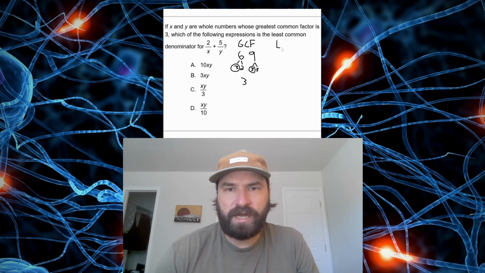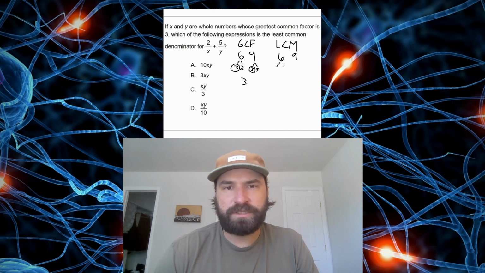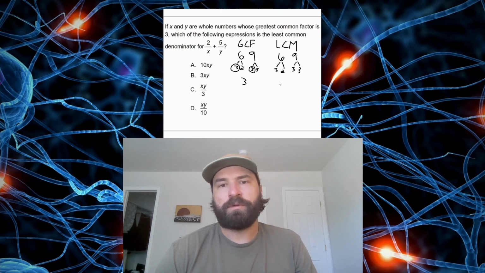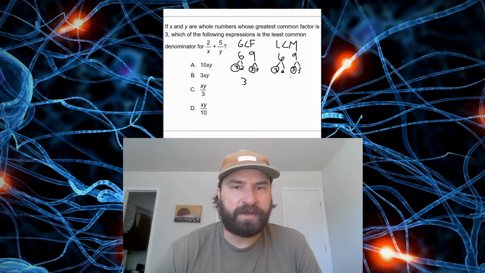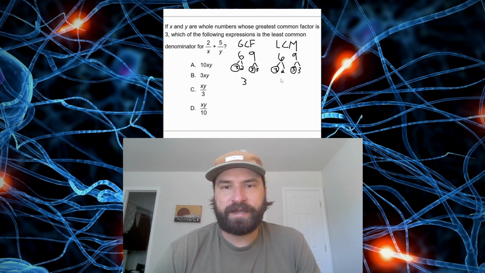To find the lowest common multiple of 6 and 9, we would factor them similarly. We get 3 and 2, and 3 and 3. But then we want to multiply the factors for this. If there are no factors in common, you just multiply all the factors, and then the lowest common multiple is just the two numbers multiplied together. But if we do have a common factor, we multiply all the factors that aren't in common. So just 2 times 3.